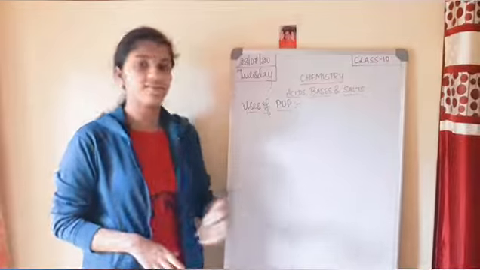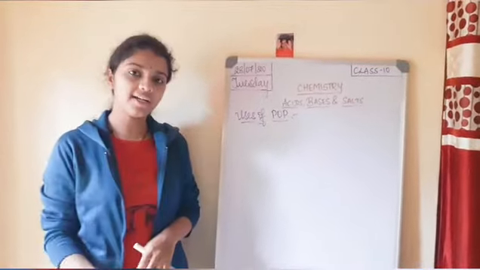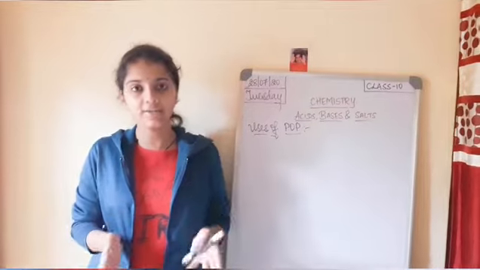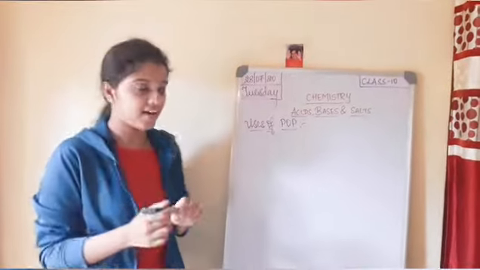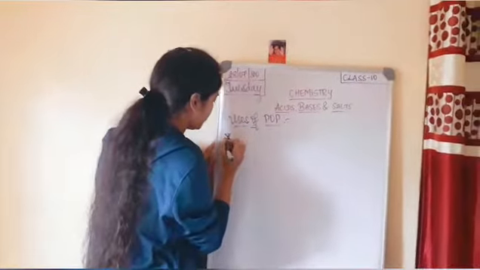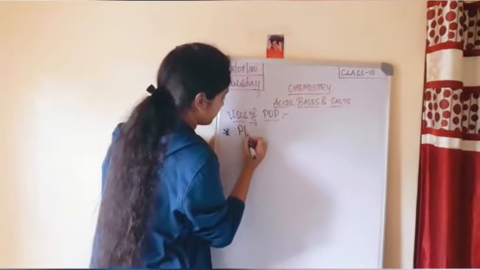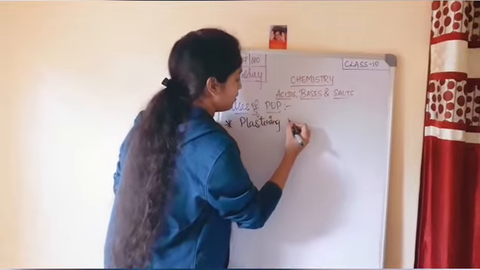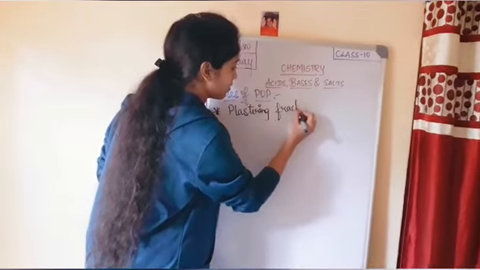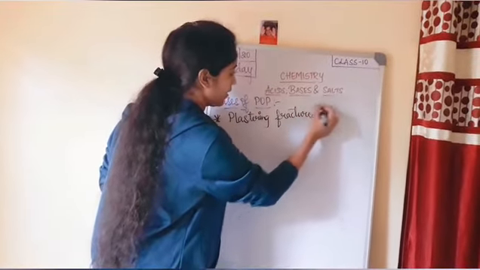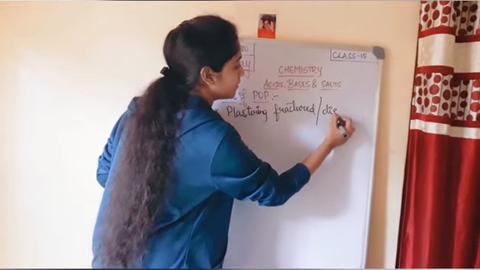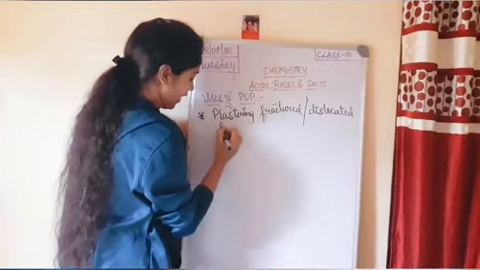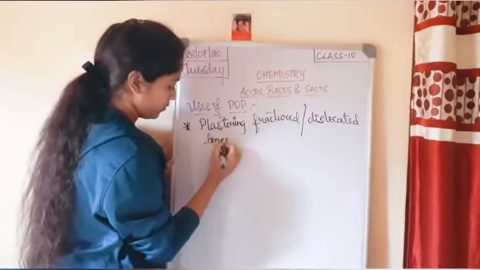Uses of plaster of Paris. Now you already know that it is used for plastering fractured bones or dislocated bones so as to set them in the right place. So the first use, used for plastering fractured or dislocated bones.